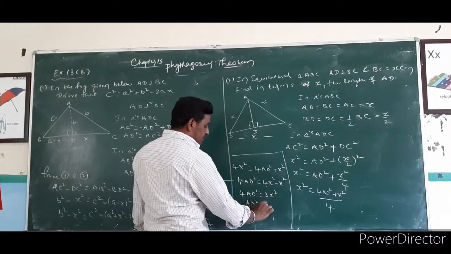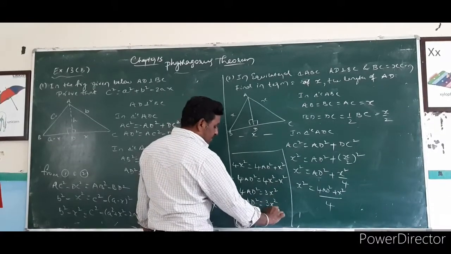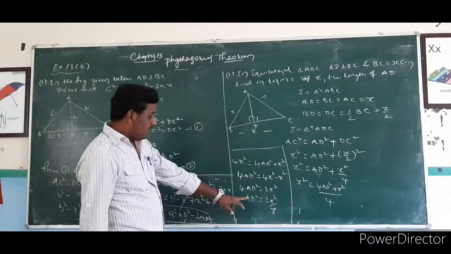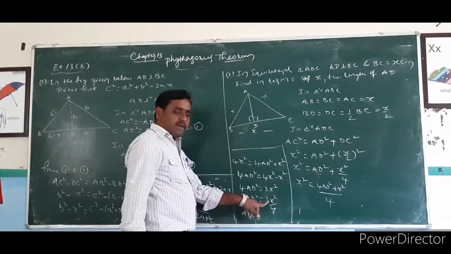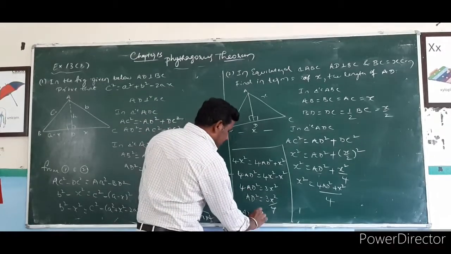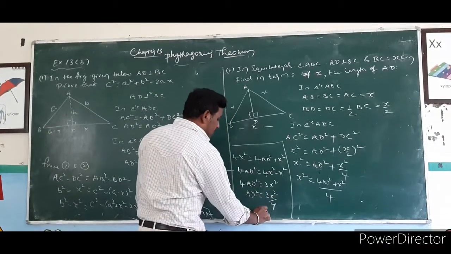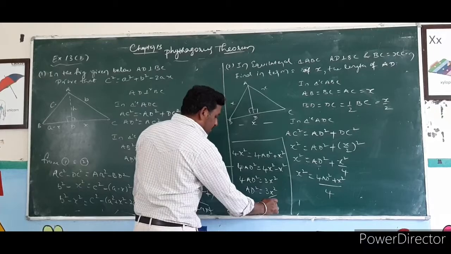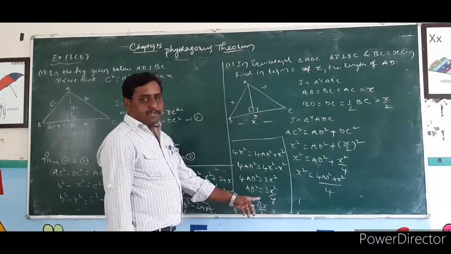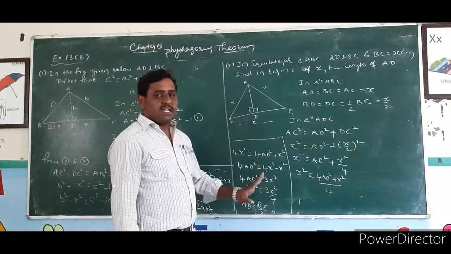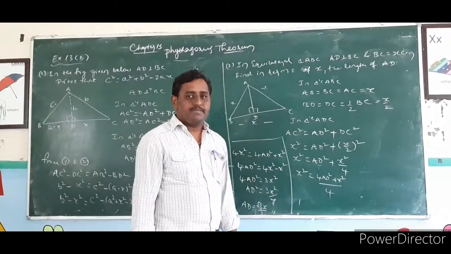AD square is equal to 3x square divided by 4. But I want the AD value, so take square roots: 3 has no square root, the square root of x square is x, for 4 it is 2. So the AD value is root 3 x by 2. Like this we can solve the problem.